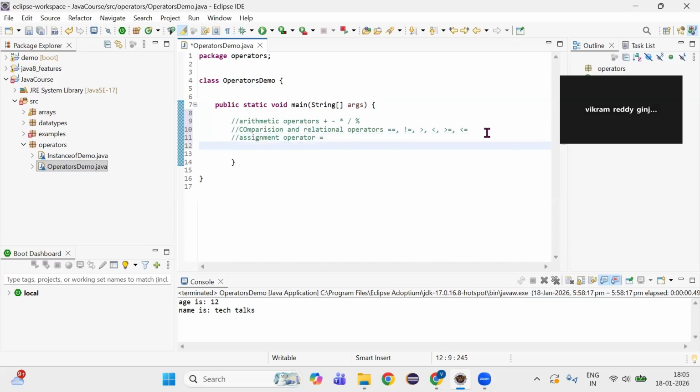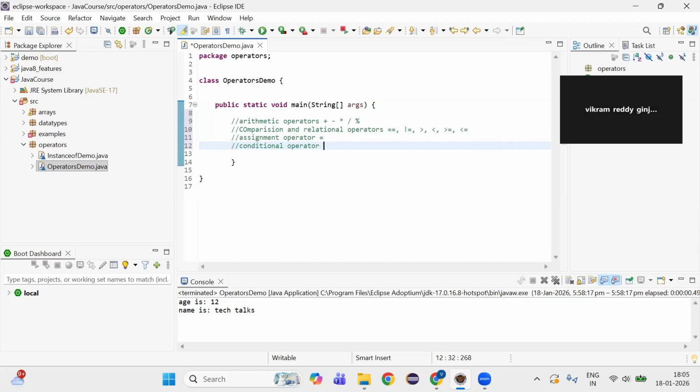Then we have conditional operators. These conditional operators are generally used if we want to validate some condition.